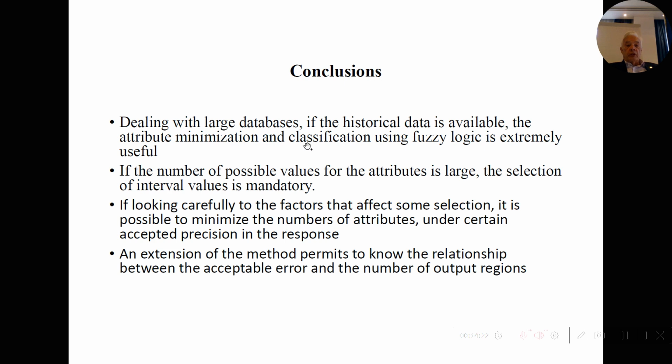When we are dealing with databases, of course, if the historical data is available, as we have with the abalone and with the flowers, attribute minimization and classification using fuzzy logic is extremely useful. If the number of possible values of the attributes is large, the selection of interval values is mandatory. So we cannot, for example, in the abalone case, select year by year.